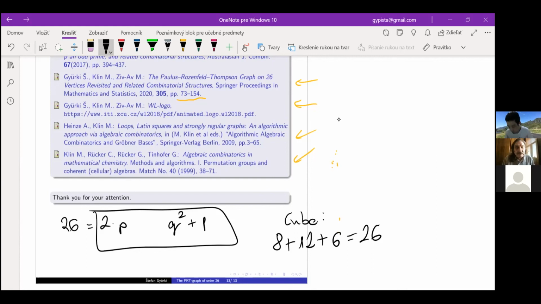So maybe you mean one more construction in this direction. I see.